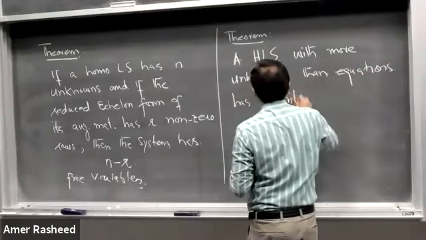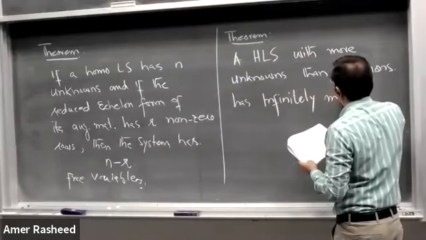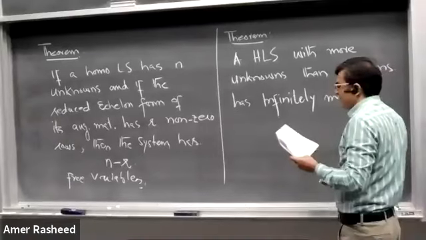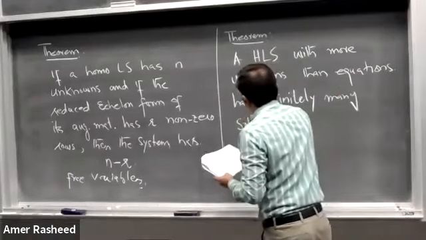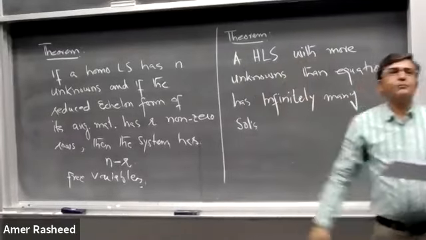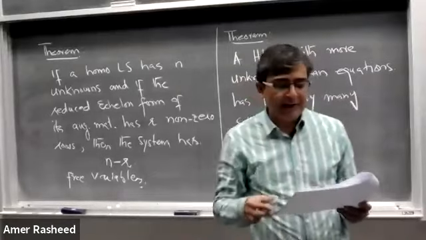It's obvious. I told you yesterday in the previous class, infinitely many solutions. Means if we have fewer equations than unknowns, then obviously any homogeneous linear system has infinitely many solutions.